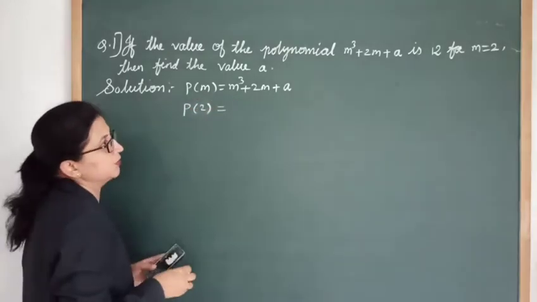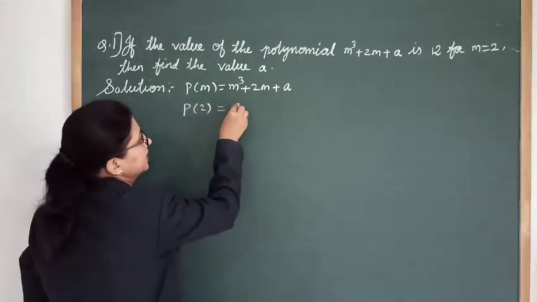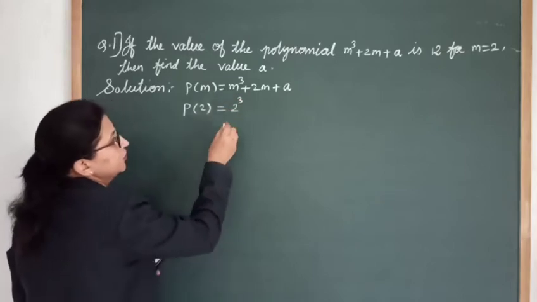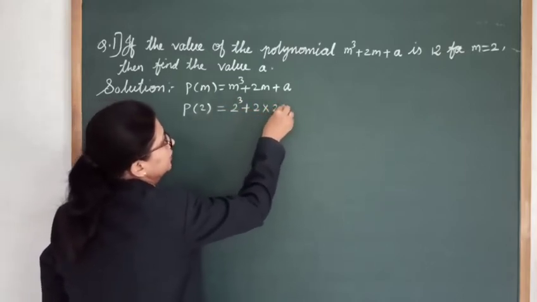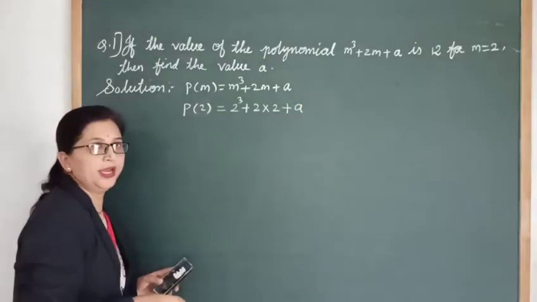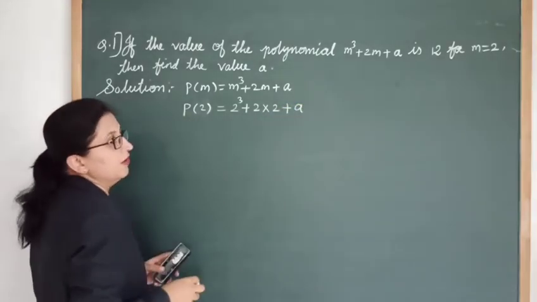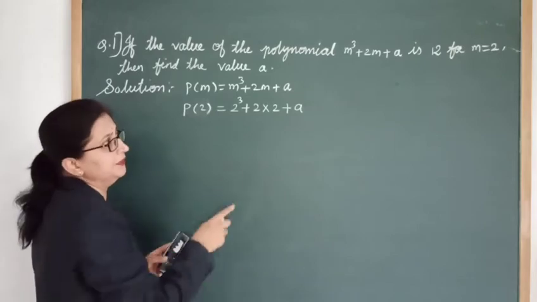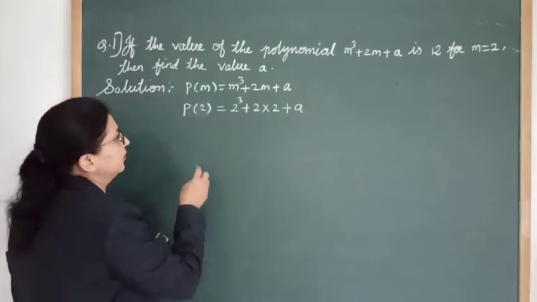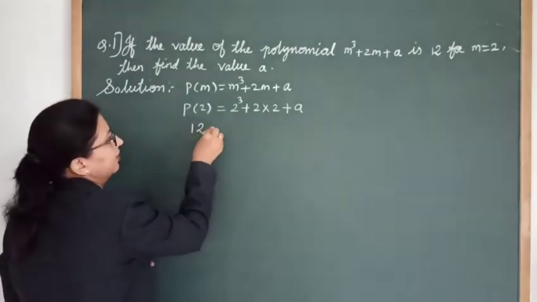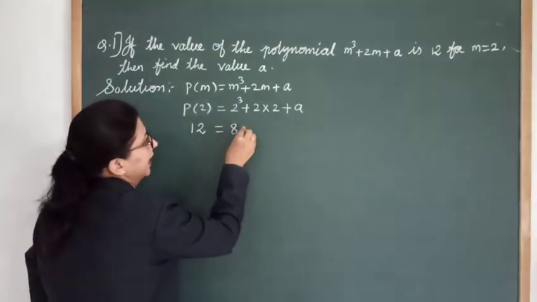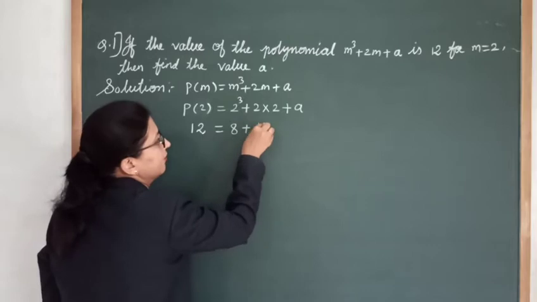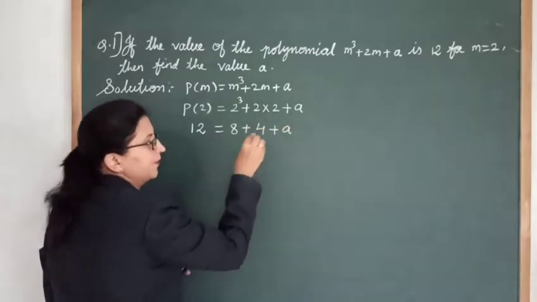So here m cube, that is cube of 2, plus 2 into m, that is 2, plus a. And the value of this polynomial for m equal to 2 is given as 12. So cube of 2 is 8, plus 2 twos are 4, plus a.